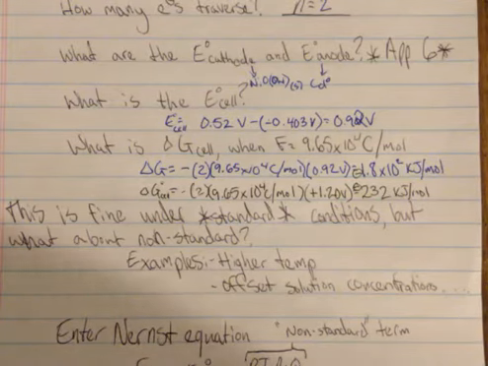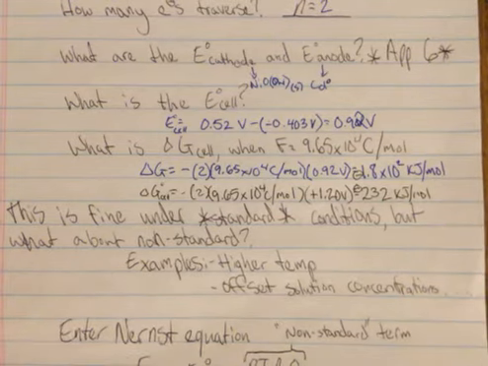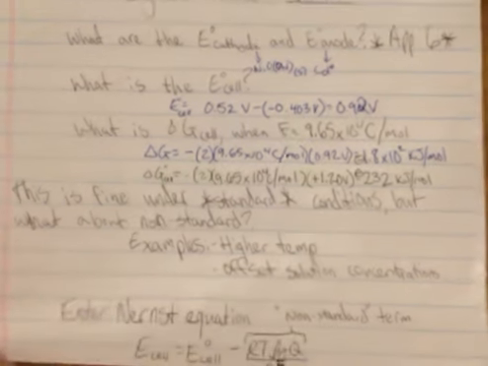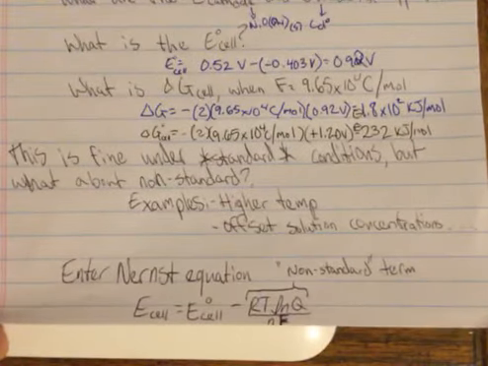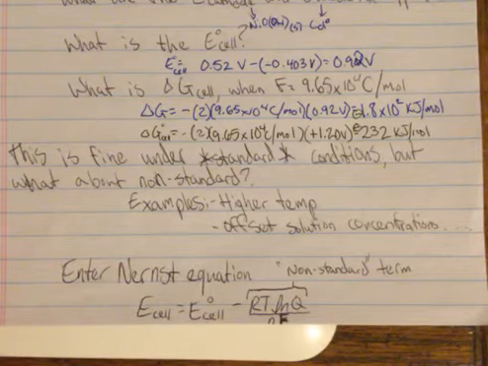We're not going to look so much at temperature, but we are going to look at a manipulation or offset solution. Okay, and especially when we take a look at a particular pH of a solution. Okay, now this is where the Nernst equation comes in. This is what my graduate advisor referred to as the nerd equation.